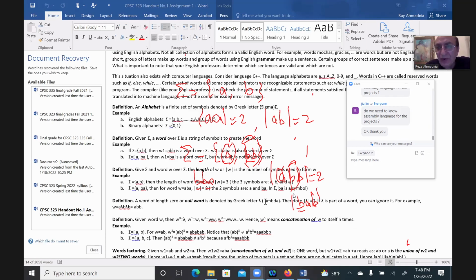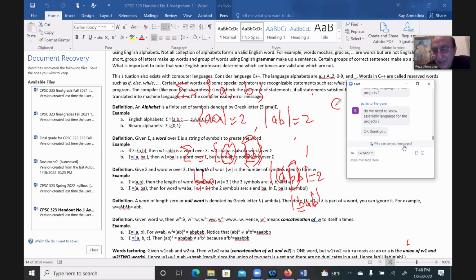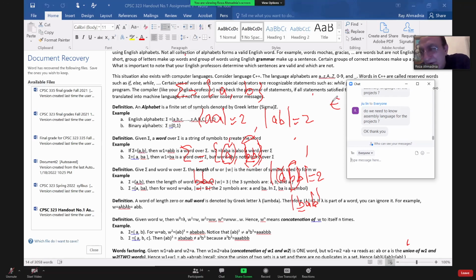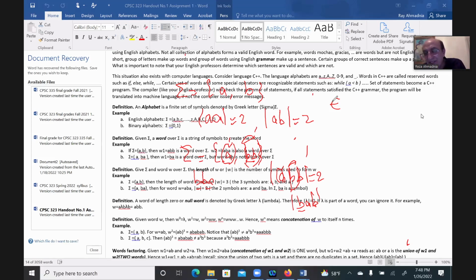I decided to use lambda because epsilon is what we use for a member of. That is one place you can see those 2 books are not using the same notation here. So from now on, every time you see lambda, it is a word of length 0. So the length of this is 0.